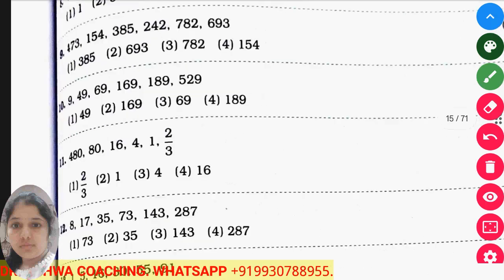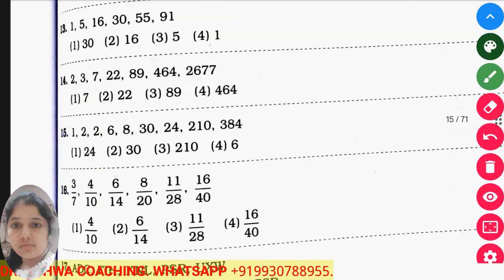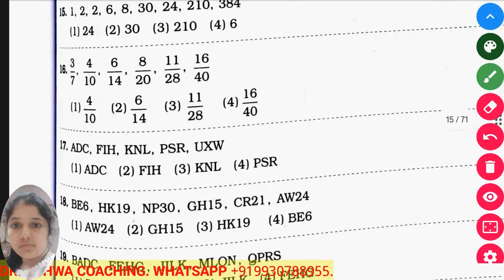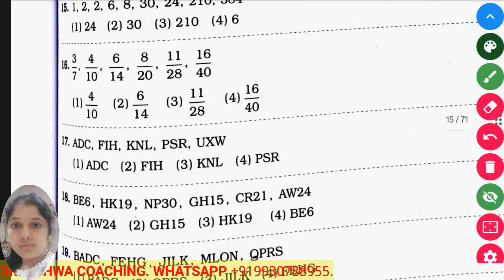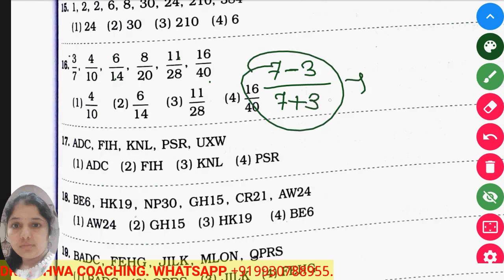Okay. Now one of the fraction sums we will see, and we will take a leave here. You can try the rest of the sums at home, and you will get the idea how to solve them. Now see, 3 by 7, 4 by 10, 6 by 14, 8 by 20, 11 by 28 and 16 by 40 are the given fractions in the series. If you look carefully, the numerator is subtracted from the denominator and again added, then we get the next term, 4 upon 10.